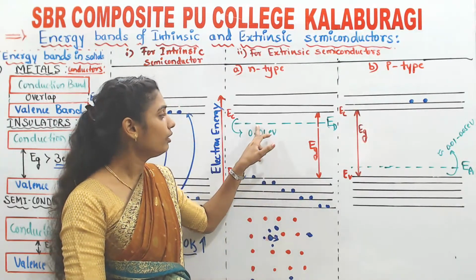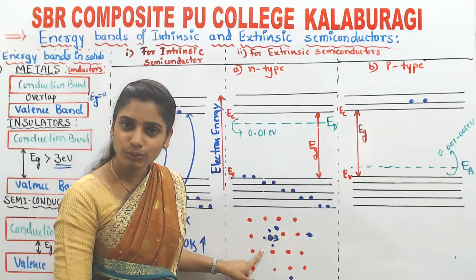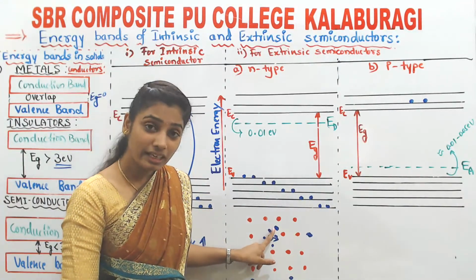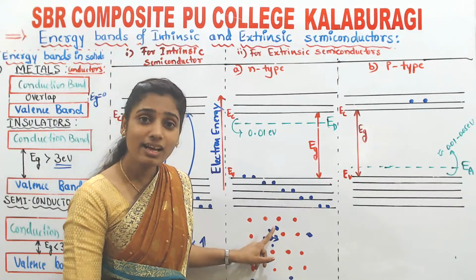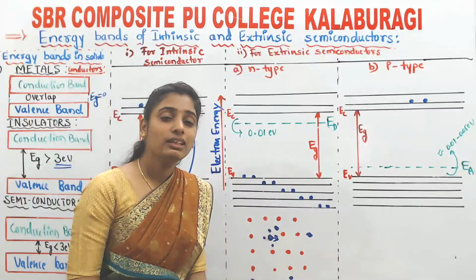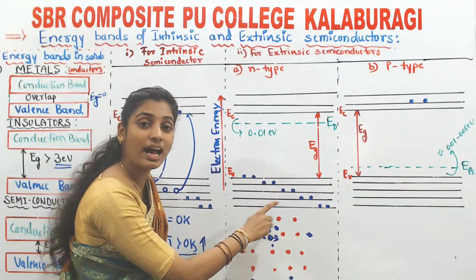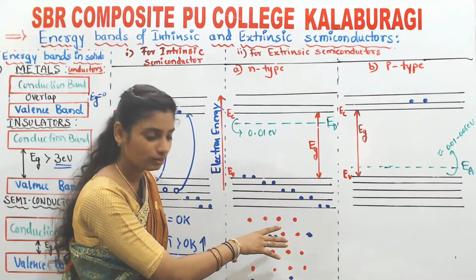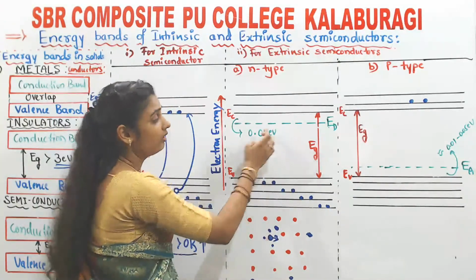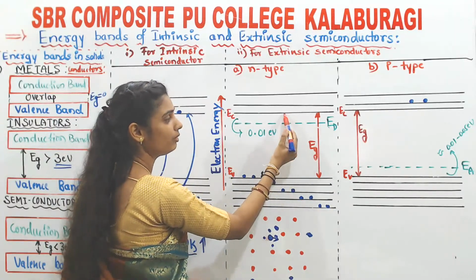Now, as this extra electron is less tightly bound to the nucleus, if I give a very little amount of energy, I can free this electron from the bond. That's why it is lying in an energy level just below the conduction band.